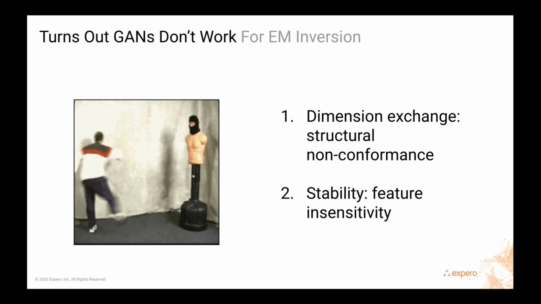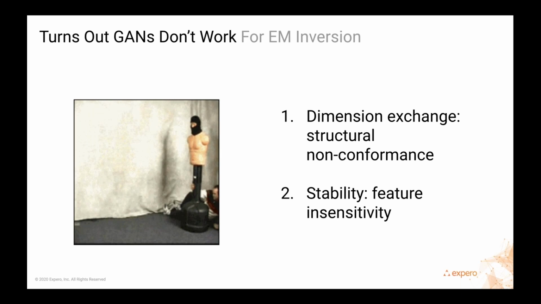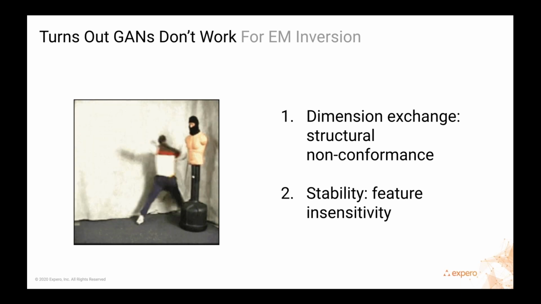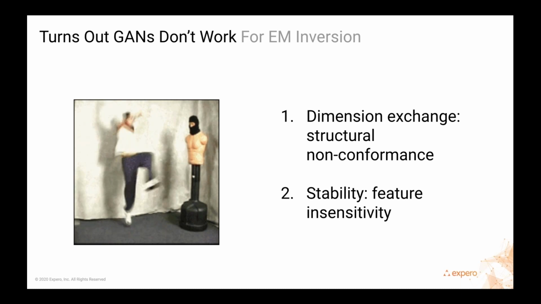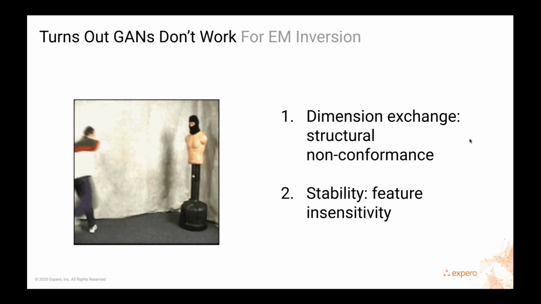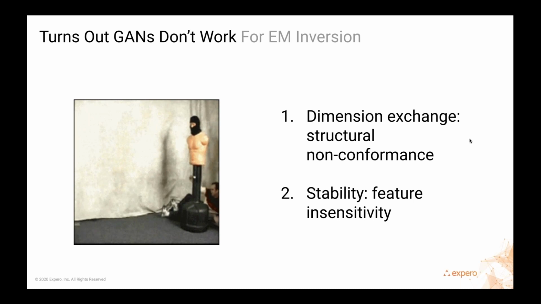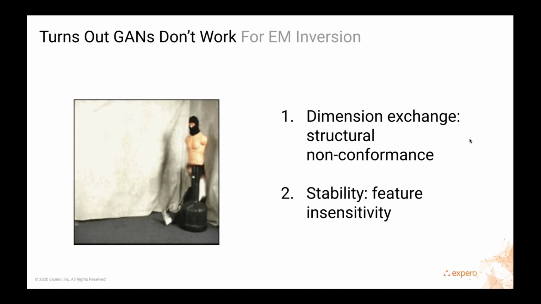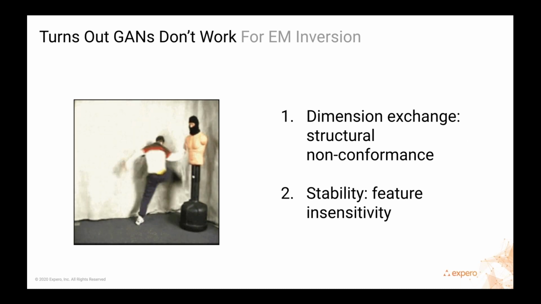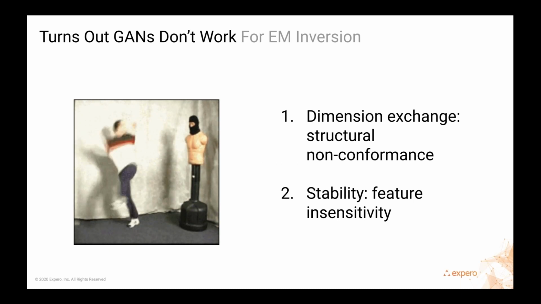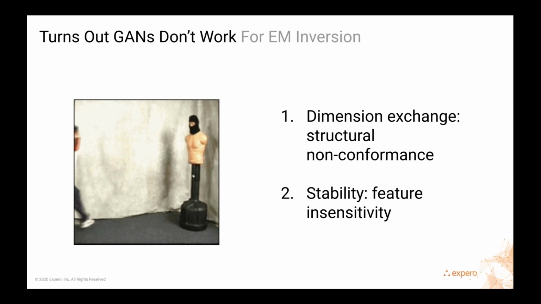And there are a couple of reasons for that. And there are many other small tweaks and tidbits, but we don't have to go into all those because they're not all that interesting. But the main ones are that there is a structural nonconformance between the domains that you're transferring between in the EM case.